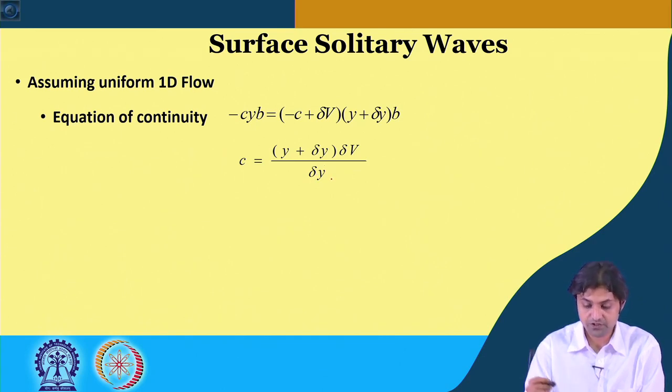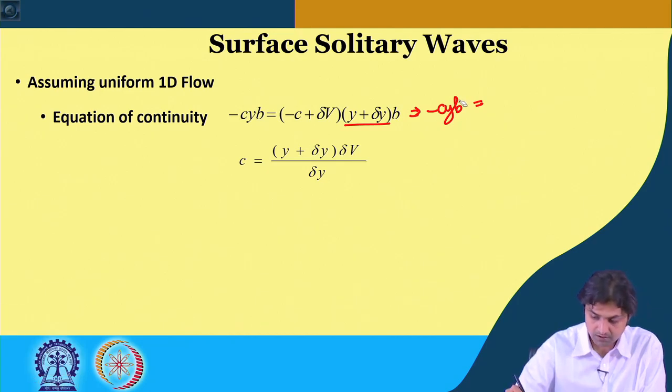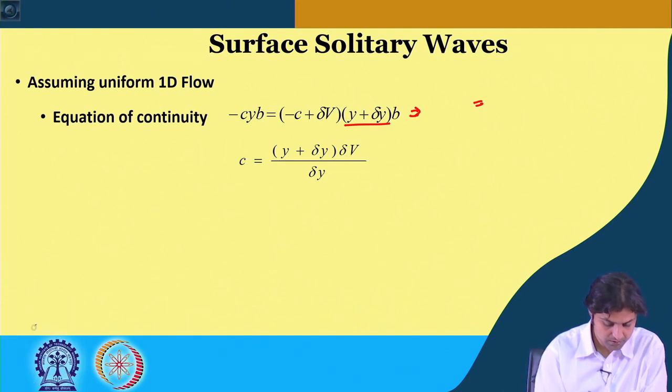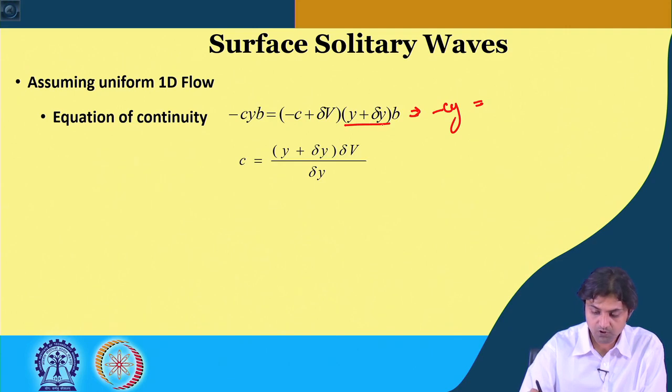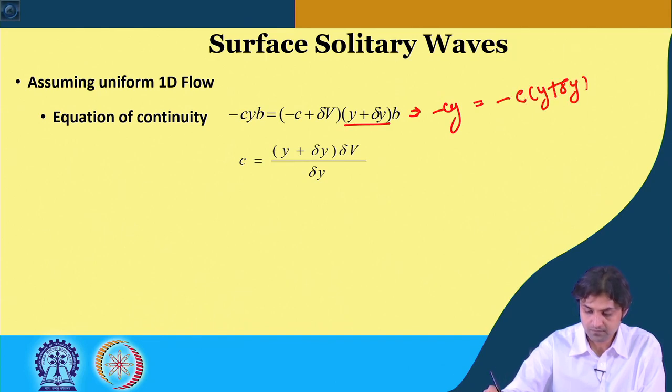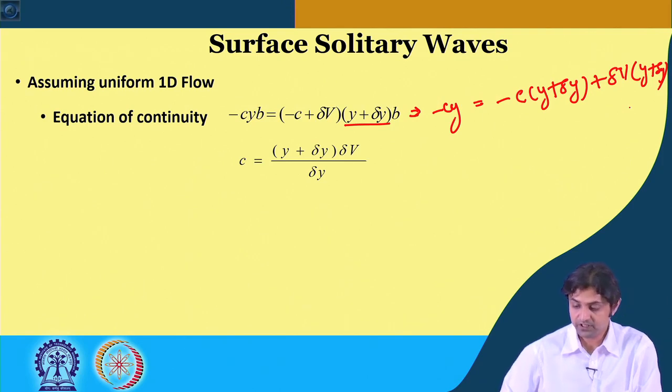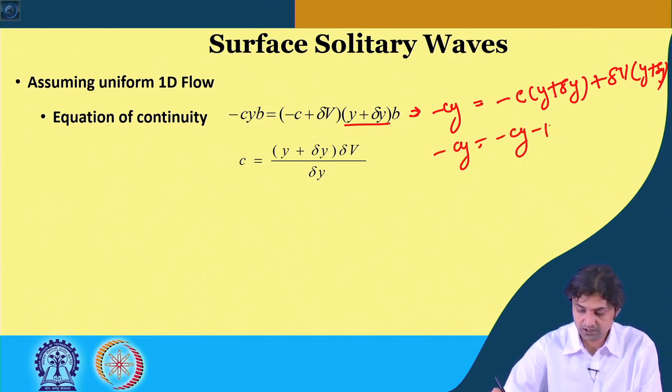So, if we try to solve this, minus C y B, with B cancelled from each side, is minus C y equal to minus C y minus C delta y plus delta V into y plus delta y.